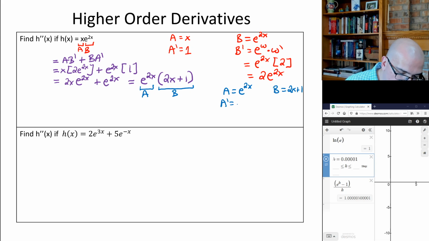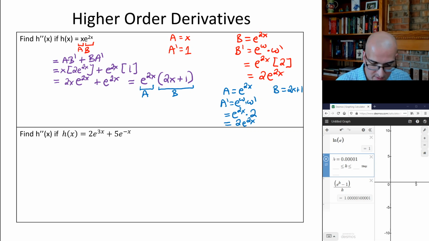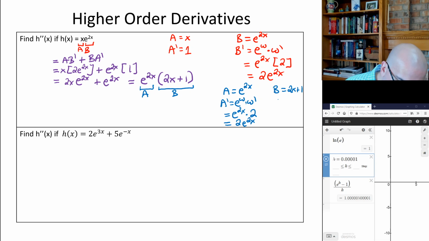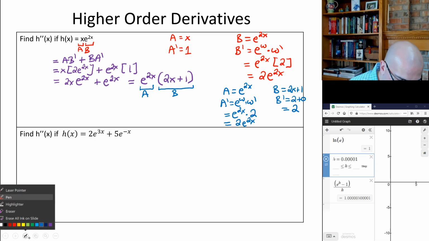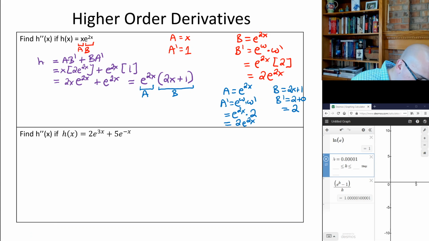So a prime, we have e to the w times w prime, so e to the 2x times 2, which is 2e to the 2x. B prime is 2 plus 0, which is just 2. So now taking the second derivative, oh, and I broke a rule. This is not equal, this is h prime equals. So this is the first derivative. Now I'm going to do the second derivative.